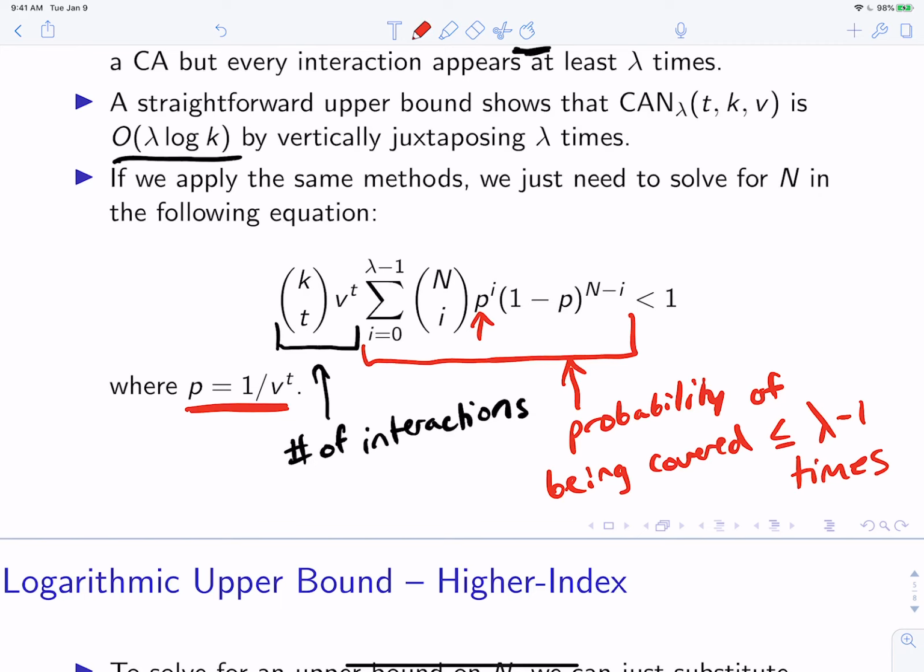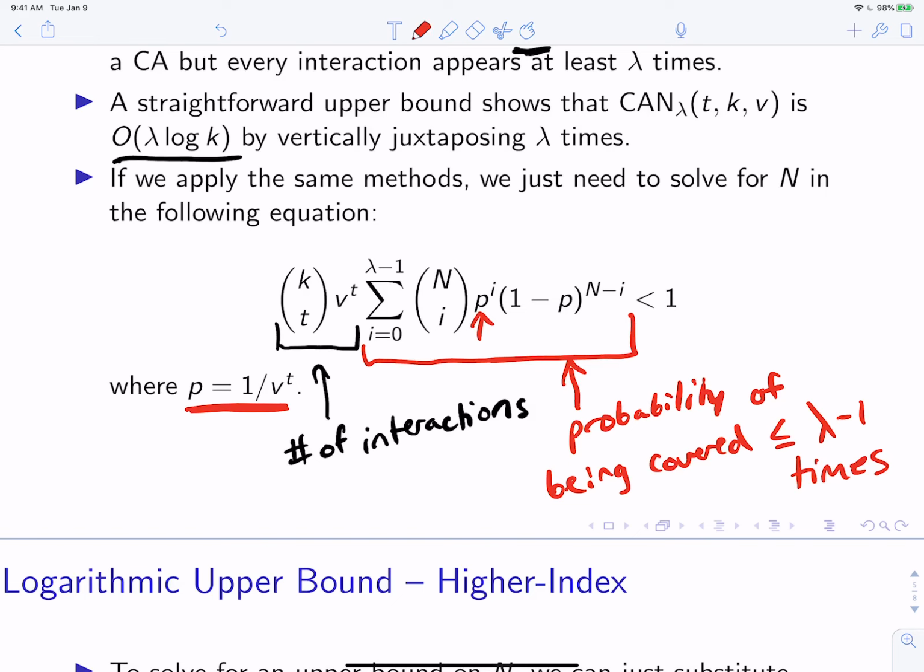Well, if it's covered exactly i times, then the probability of those particular i rows covering it is p times p times p times p, i times. But it also must be not covered in all of the other rows, and there are n minus i of those. So the probability of no coverage is 1 minus p, and there are n minus i other rows. And then any number of times between 0 and lambda minus 1 could possibly occur, so we just sum them all up.